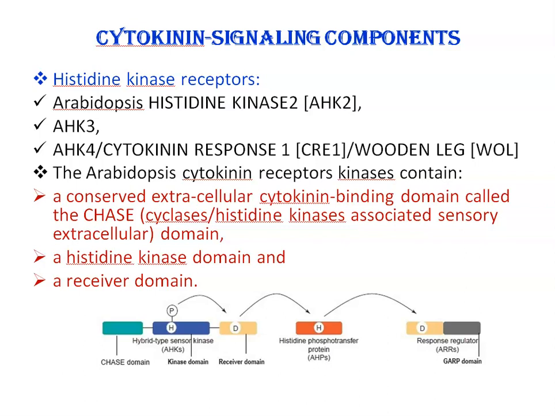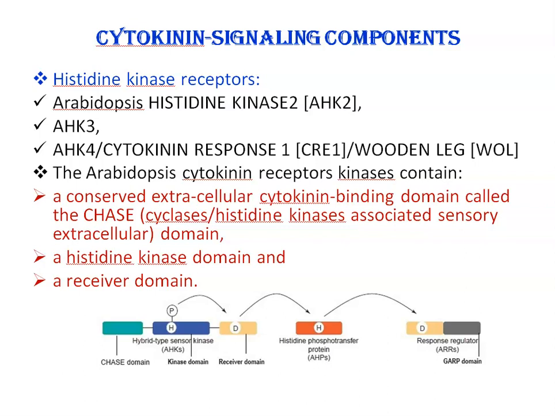AHK4 is also known as cytokinin response 1, CRE1, and wooden leg, abbreviated as WOL. Actually, first cytokinin receptor gene was described as wooden leg, WOL gene, in Arabidopsis, which later became known as cytokinin response 1, CRE1, and now Arabidopsis histidine kinase 4, right?